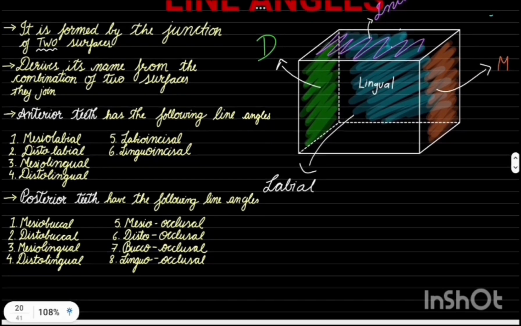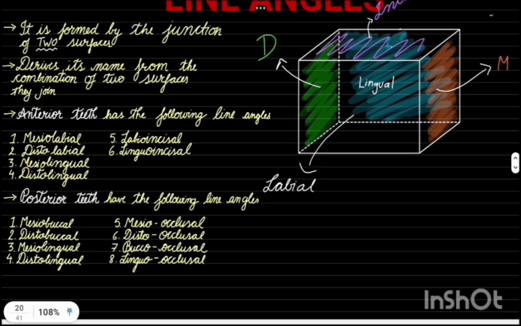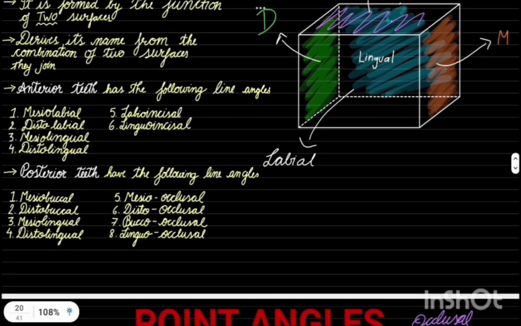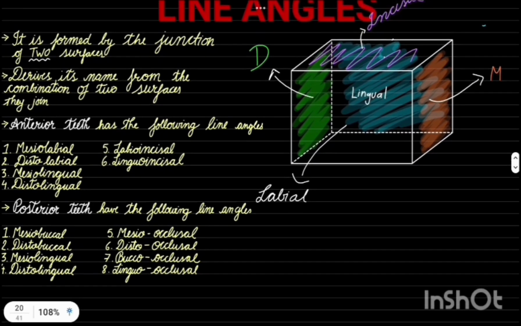Similarly, we have all these line angles in the posterior teeth as well, that is the mesiobuccal, the distobuccal, the mesiolingual, distolingual, bucco-occlusal, linguo-occlusal, and the 2 extra line angles that we have are the mesio-occlusal and the disto-occlusal over here.